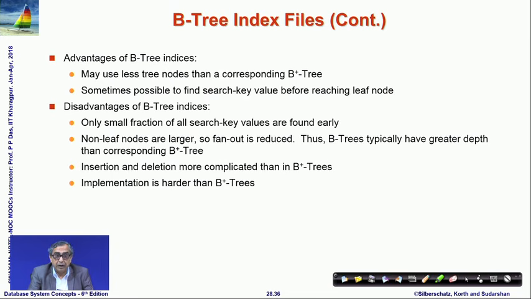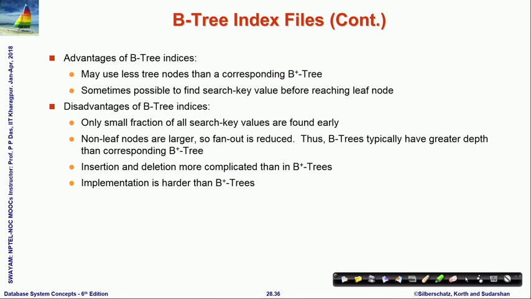Non-leaf nodes are larger now, because you have pointers to the data as well. So, the fan out gets reduced, which means the number of children you can have gets reduced. Though you expect a benefit because you do not have to go to the leaf every time, you pay for it because your fan out gets smaller.